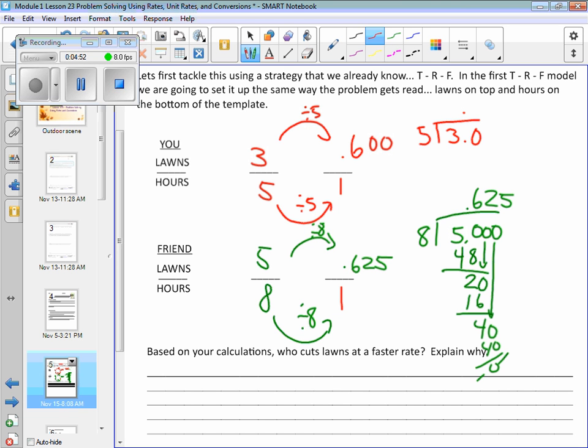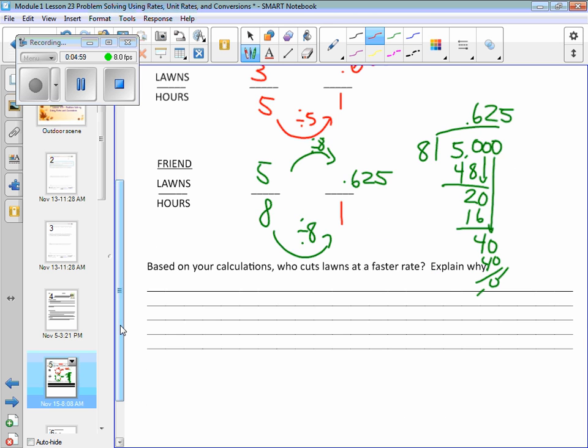A friend. So they are more efficient and they are mowing at a higher rate. So in our explanation, the faster rate is the friend, is faster because he can cut, or she can cut more lawn in 1 hour.